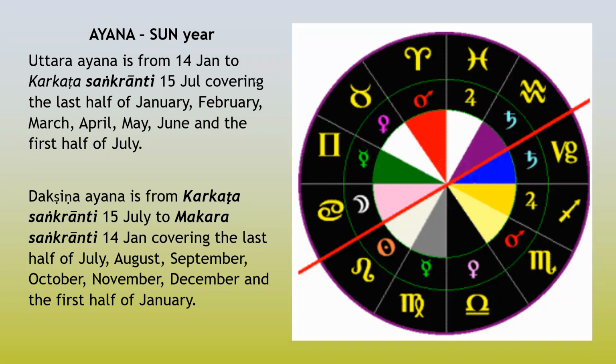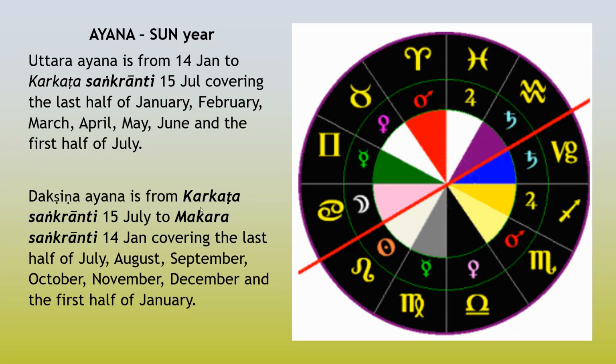Now, here Ayana depicts the Sun. That means the zodiac from the end of Capricorn, I think it's middle of Capricorn, till middle of July, it covers all these 6 months, and that is called Uttara Ayana, which is 14 Jan, roughly from Makar Sankranti.